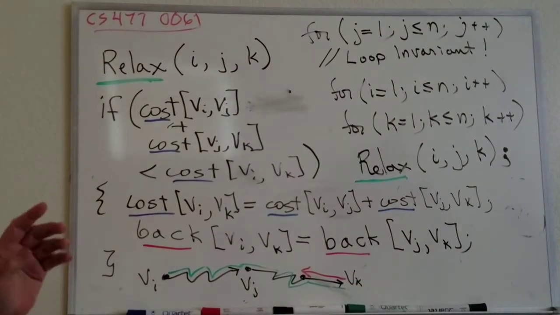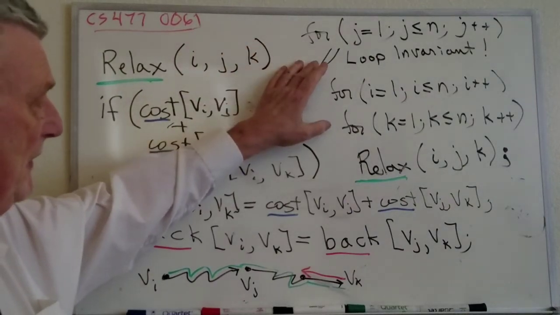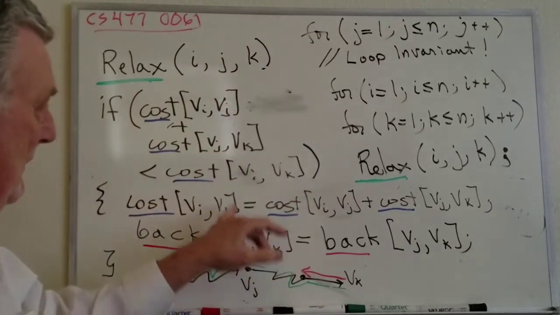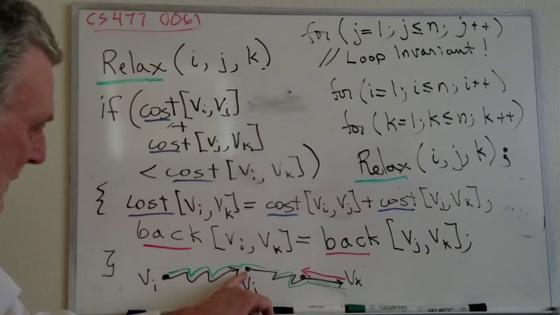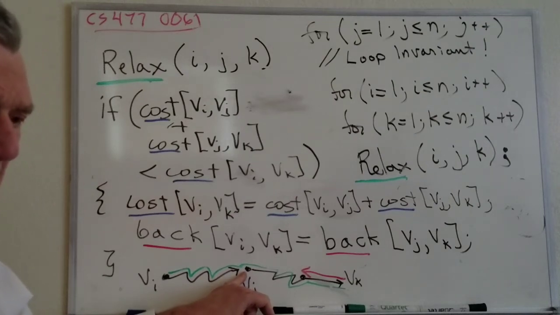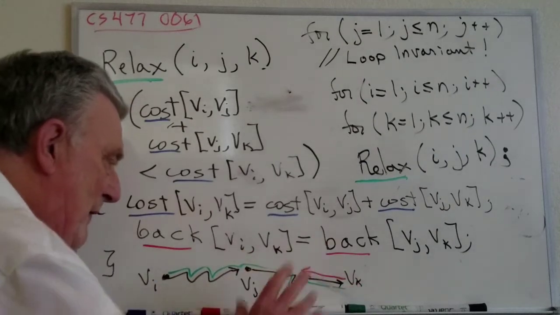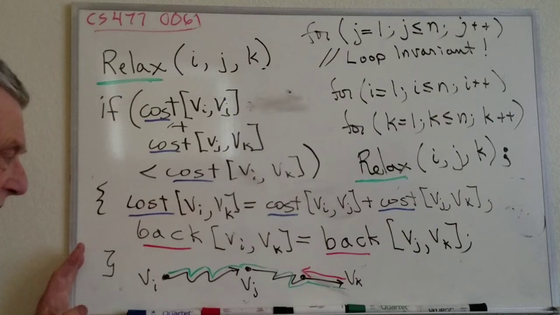Now here is the code and the loop invariant I've told you about. And we're going to do a relaxation ijk. But what that means is we try to form a new, better path by combining the best path from i to j and the best path from j to k to possibly give a better path from i to k. Maybe it won't give a better path.